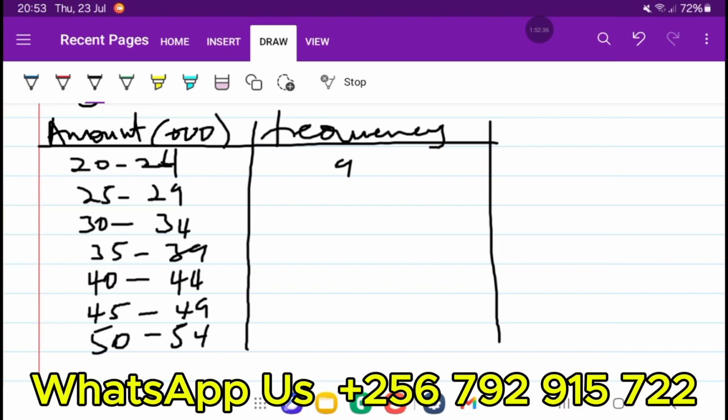The frequencies are 9, 17, 21, 18, 15, 9, then 11.